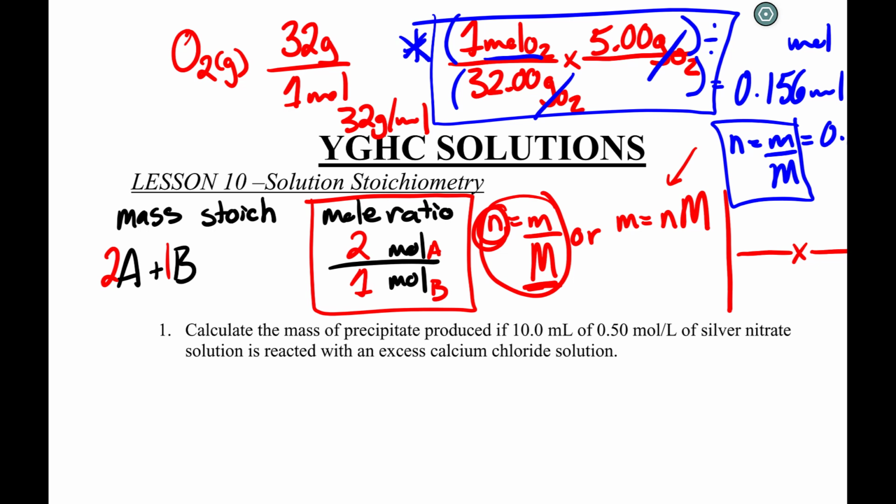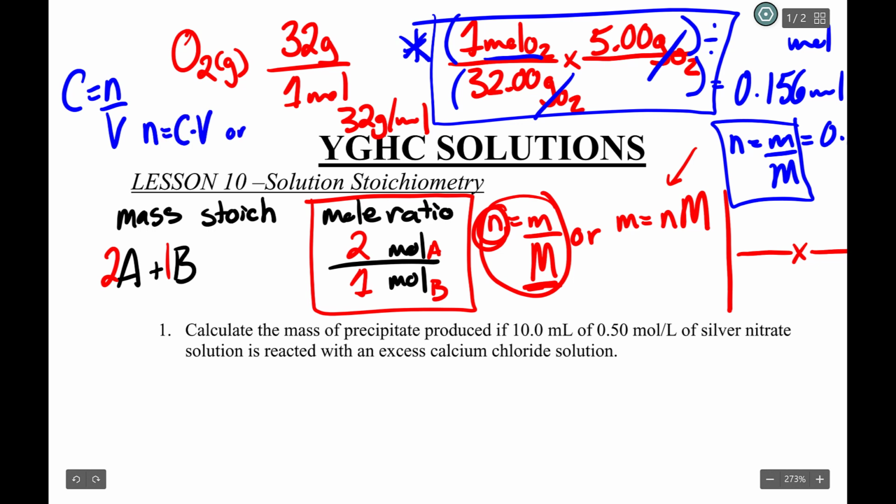Okay, so if you're now wondering, well, Hope, you just reviewed mass stoich, what's solution stoich about? In solution stoich, we do the exact same stuff, but instead of using moles as mass over molar mass or mass as moles times molar mass, we use C is equal to N over V, or N is equal to C times V, or we use V is equal to N over C. Same idea. We're always trying to get moles to do a mole-to-mole ratio, and it always requires a series of steps. So we're going to do 2 types of questions.